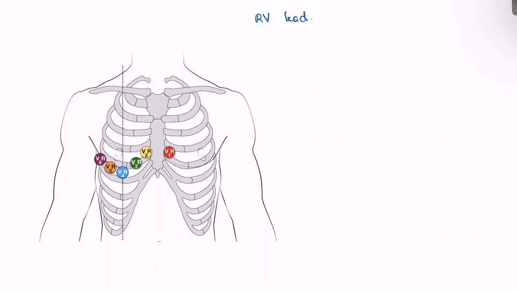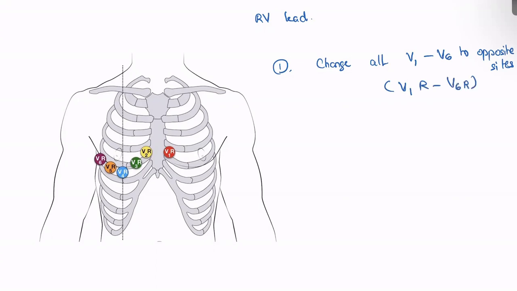The first one is to change all V1 to V6 to opposite sides, what we call V1R to V6R. So V1 here became here, V2 here became here, and V3 to V6 here became here. So change all these. It is the first method.